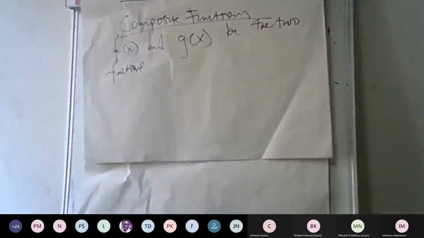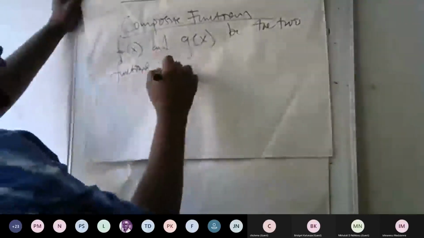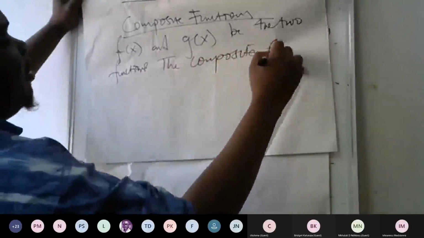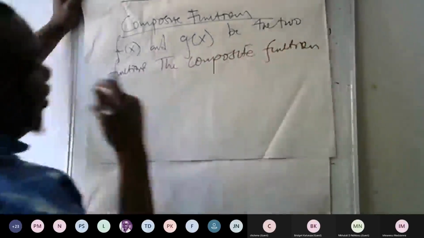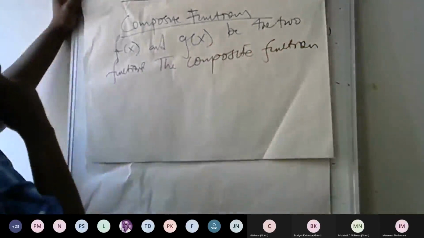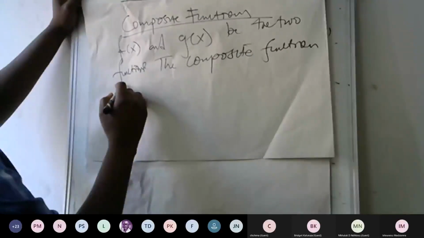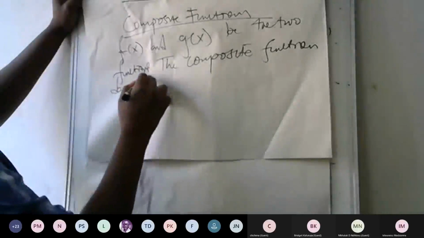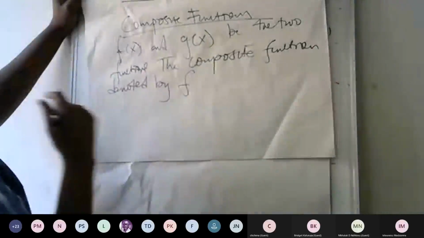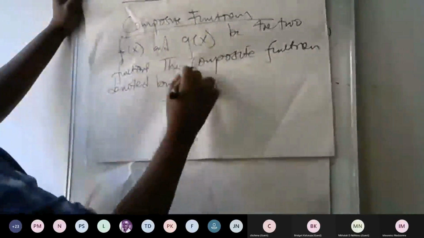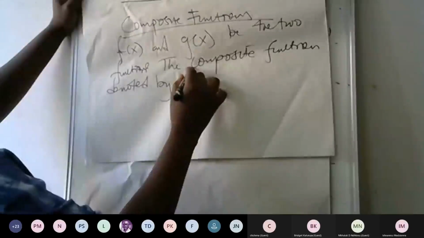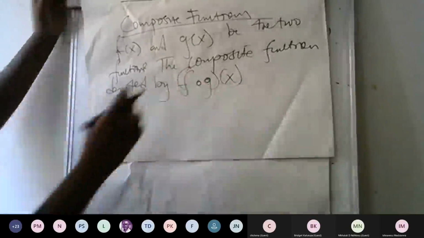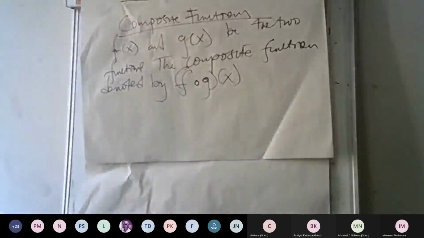The composite function is denoted by f of g of x like that. Remember, your composite function has a small zero which is not shaded, just a small zero which is not shaded, like that.